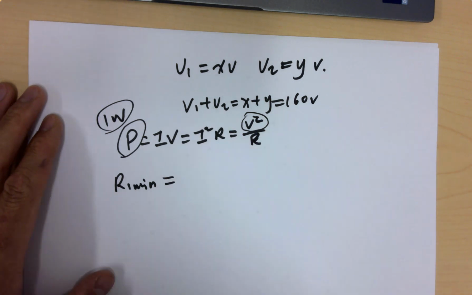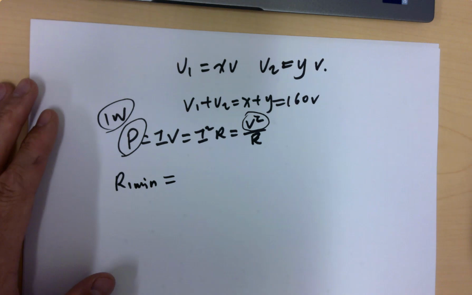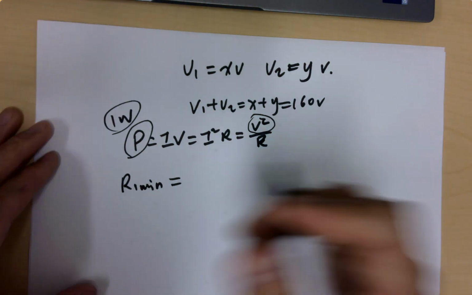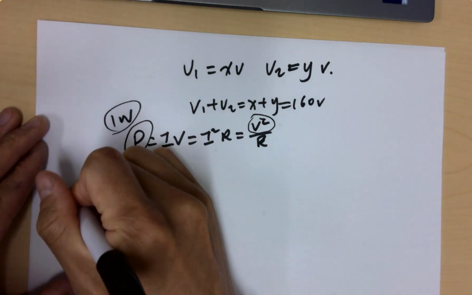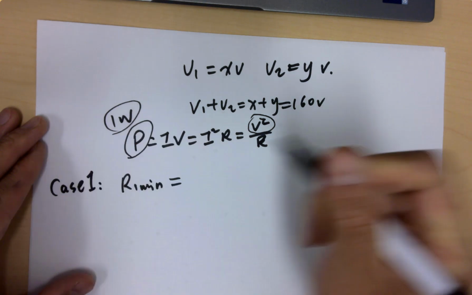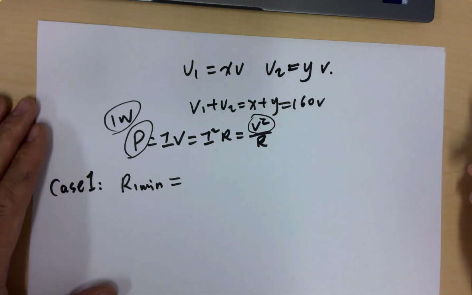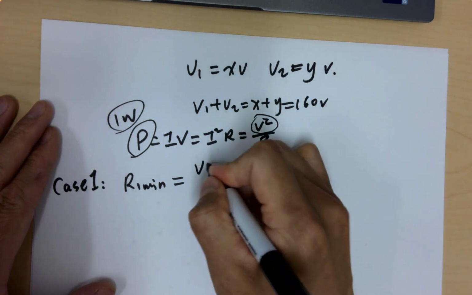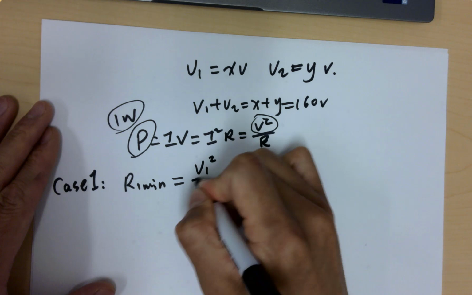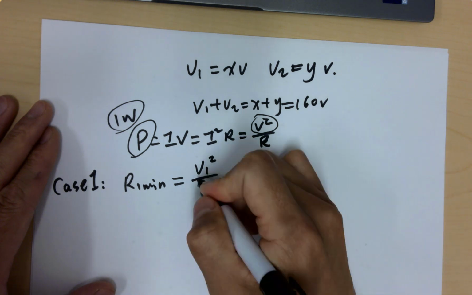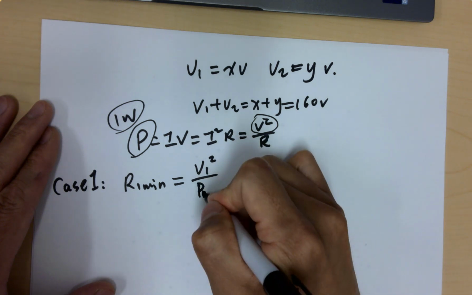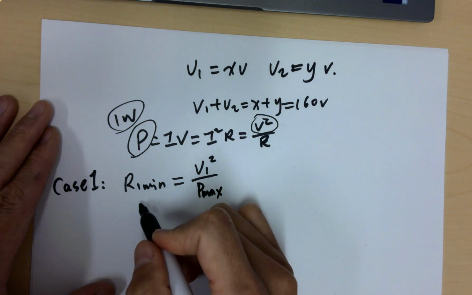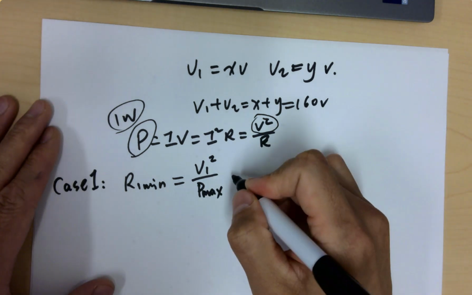Okay, so we are just assuming, because there are just the two cases. This is case 1. R1 minimum is V1 square over power max, which is 1 watt. Let's assume R1 is taking all of the 1 watt rating.